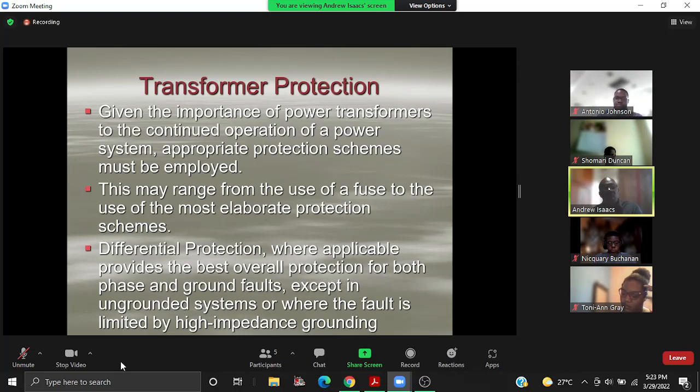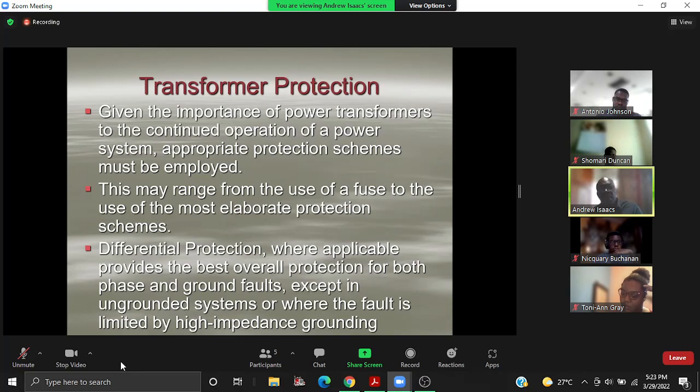In the same way, low voltage or low frequency can have a mechanical impact on the transformer. We'll talk about that. So, differential provides the best overall protection.